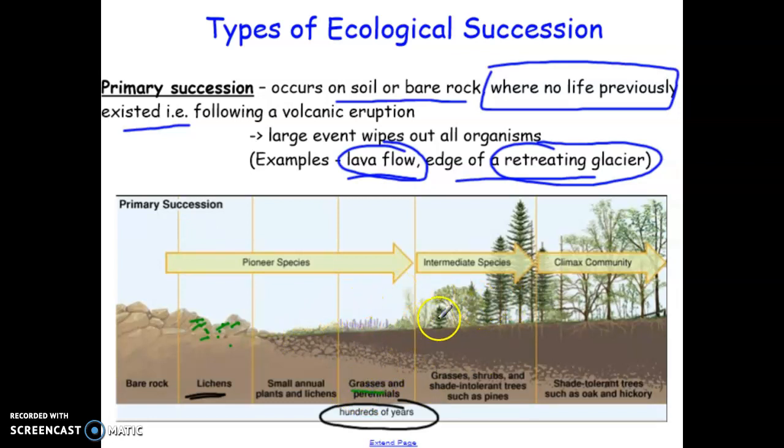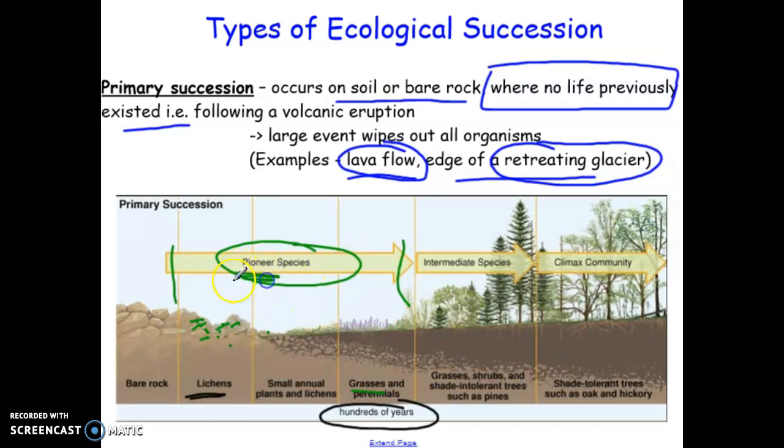And then eventually you'll have larger and larger producers coming into play. Imagine the point from here to here could literally be 1,000 years. This is a long process. But this will happen. Naturally, life will find a way.